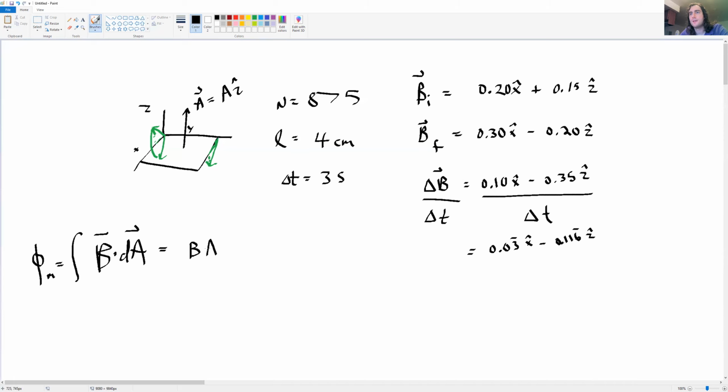Basically we can just do this integral, and it's going to be B dot A times the cosine of the angle between these two.